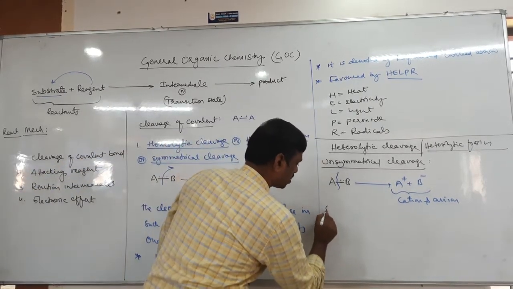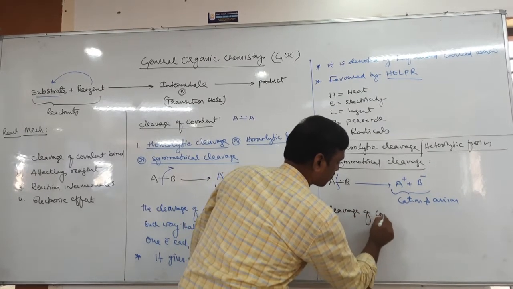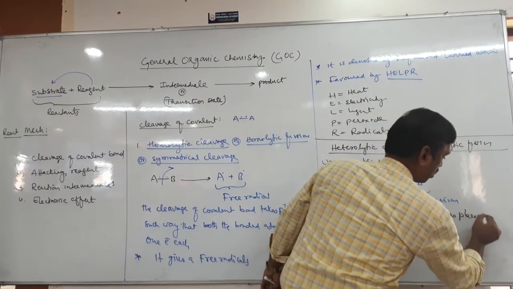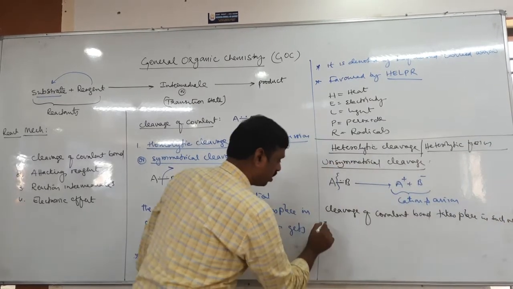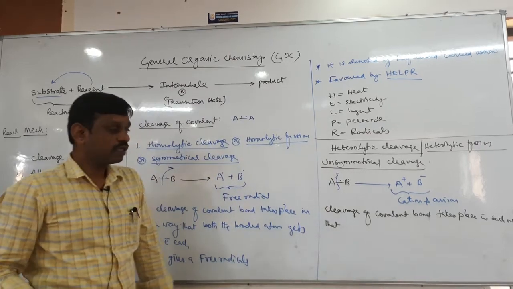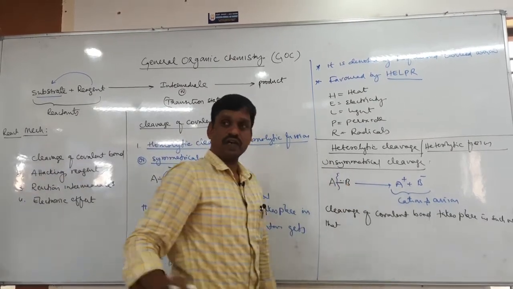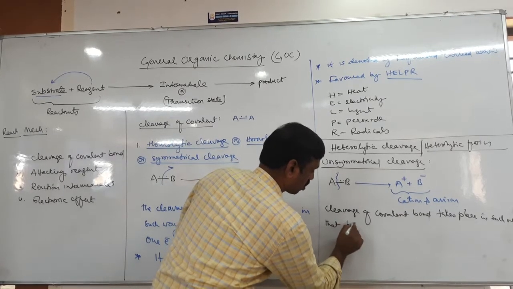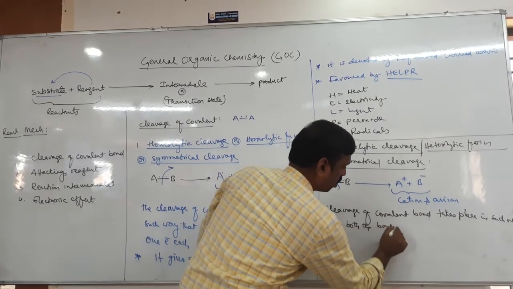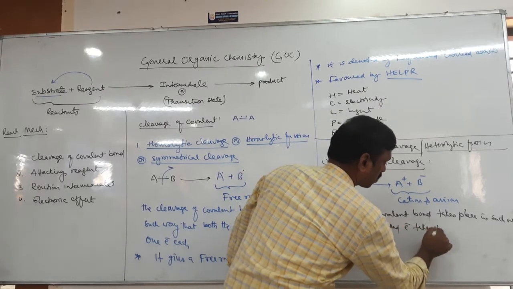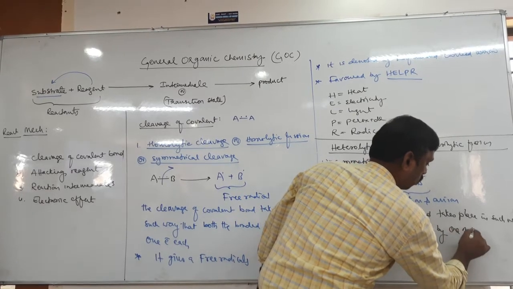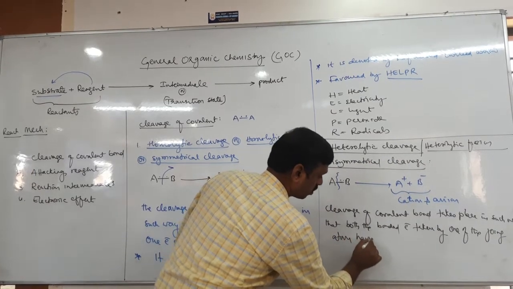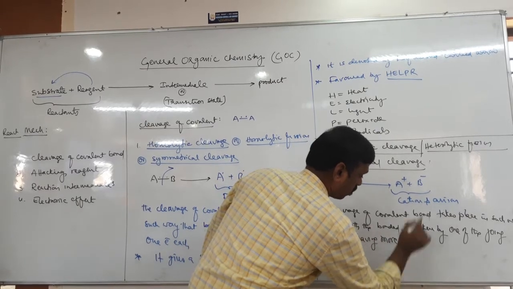The cleavage of covalent bond takes place in such a way that both the bonded electrons are taken by one of the joining atoms having more electronegativity.